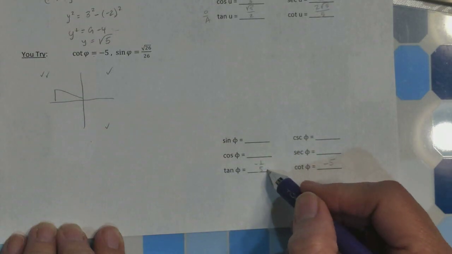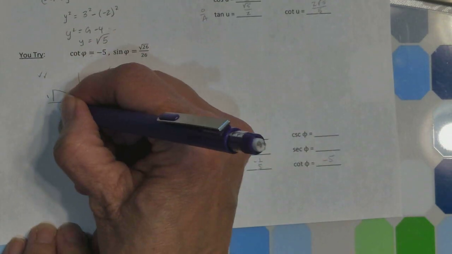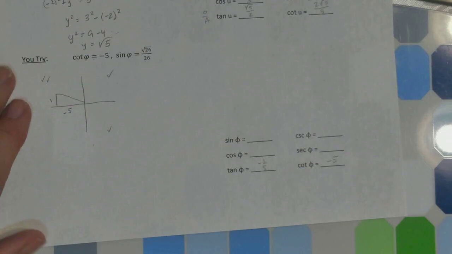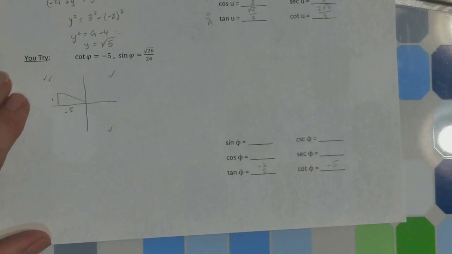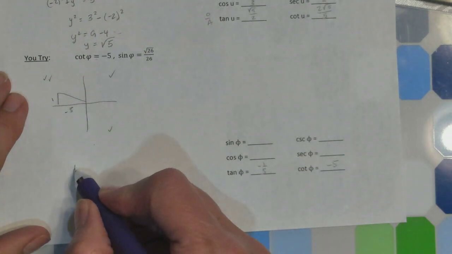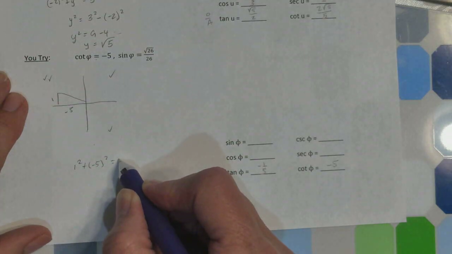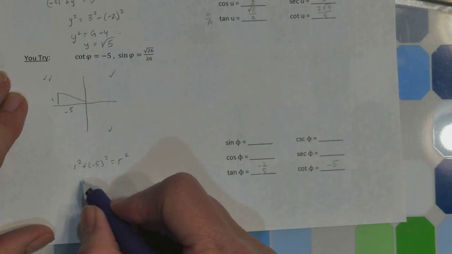In this quadrant, the y value will be positive, the x value will be negative, and tangent is y over x. So y is 1, x is -5, and again that has to be negative for x because that's what x is in this quadrant.